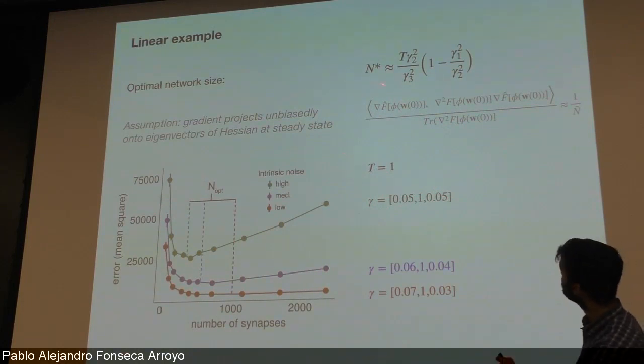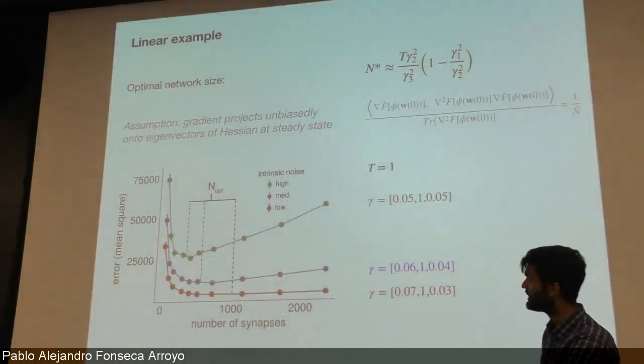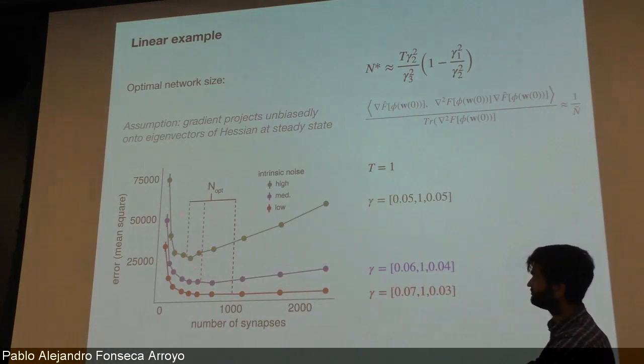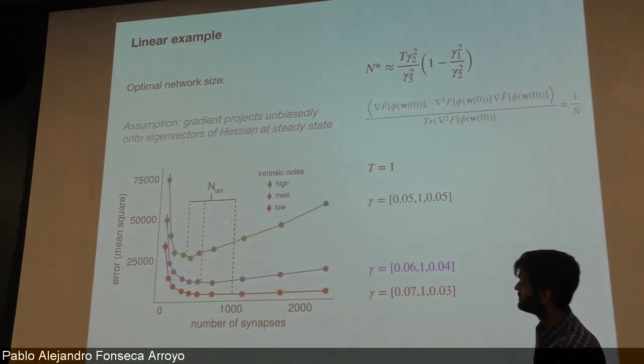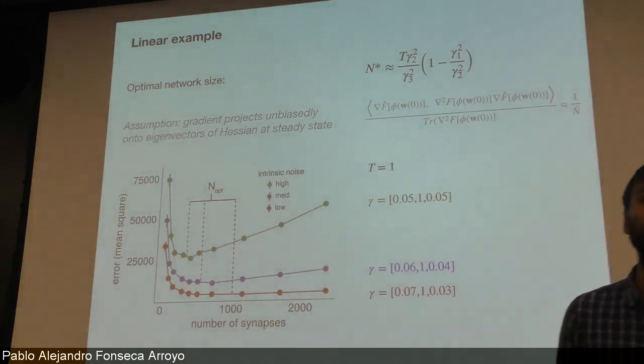And this analytic equation we got seems to conform well to the numerical results, because indeed, as we change network size, the best network size seems to conform well to the analytic predictions.